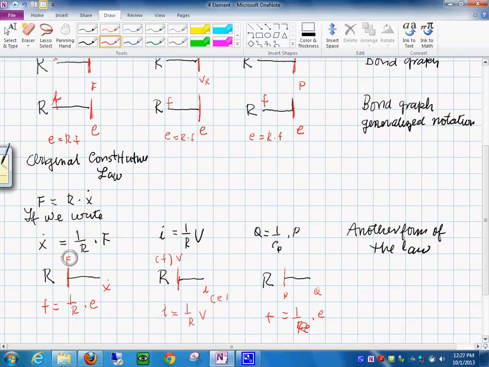And if we switch the law around, we also switch around the representation of the bond graph model. Okay, so that's the explanation of the constitutive law of the R element.